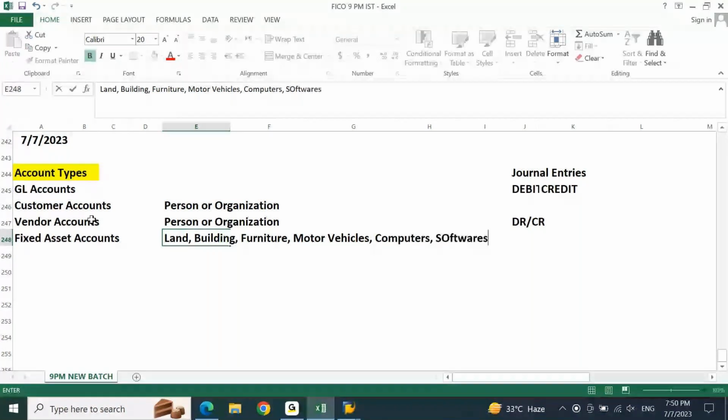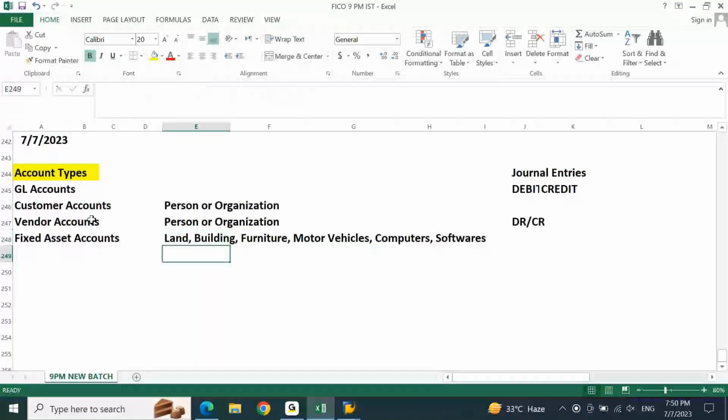So these kinds of categories are usually called fixed assets. Correct? Now, is it easy to identify what is a fixed asset? Yes. Correct? It's easy to identify what is a fixed asset.